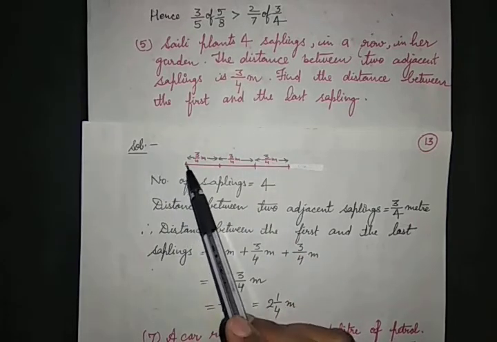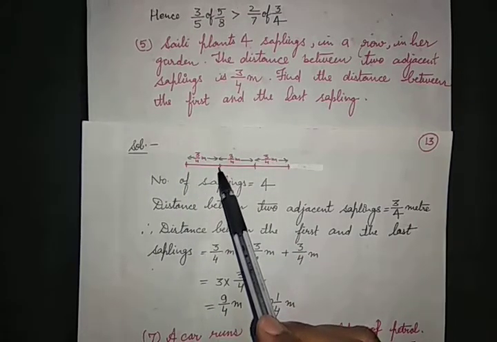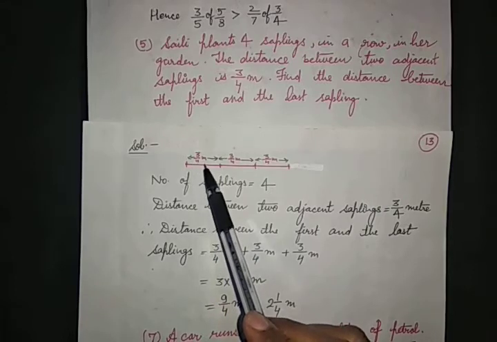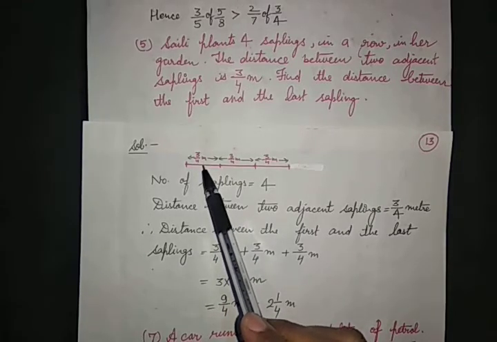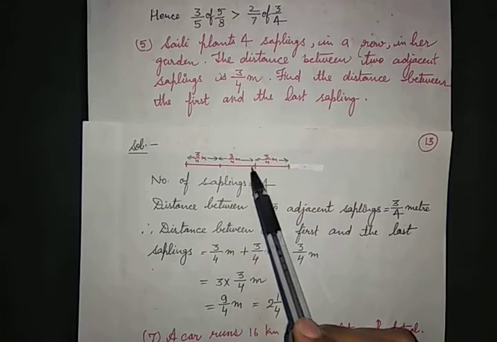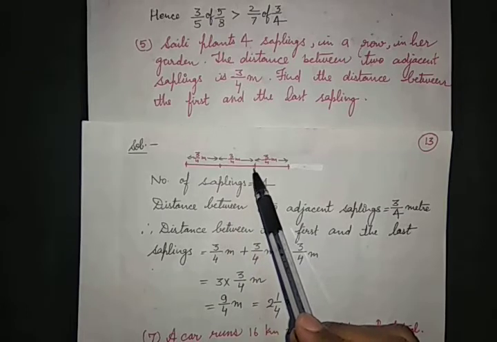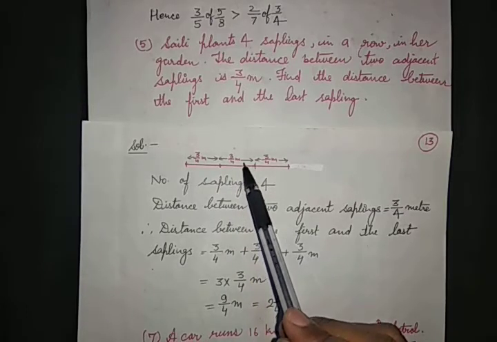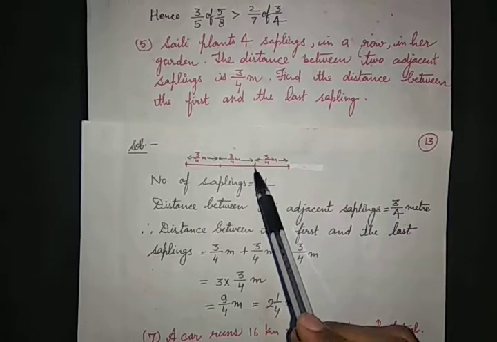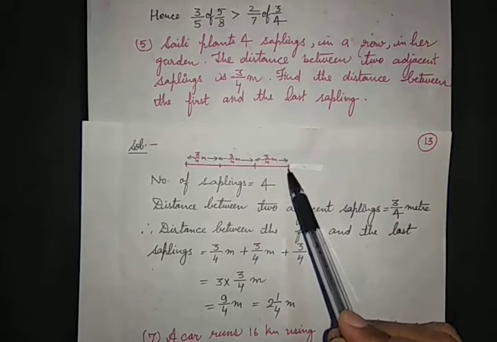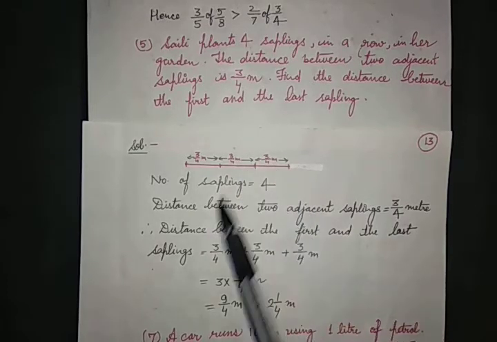Means the distance between this and this is 3 upon 4 meter, and the distance between these 2 saplings is 3 upon 4 meter, and the distance between these 2 saplings is 3 upon 4 meter.